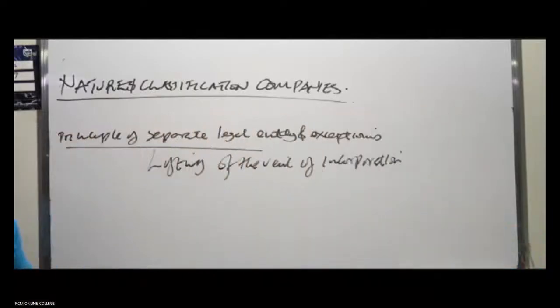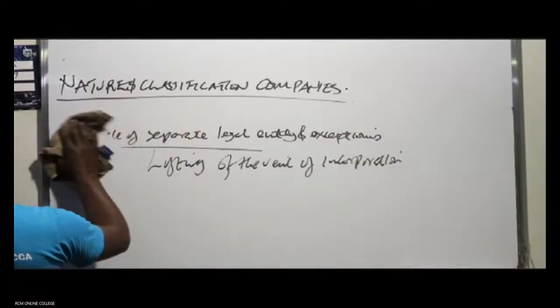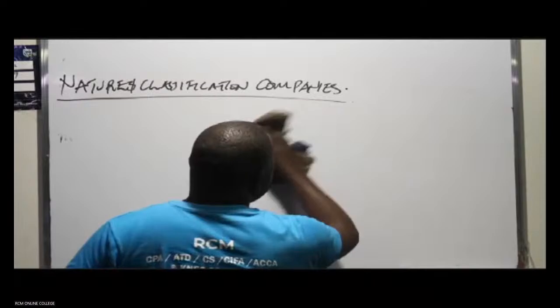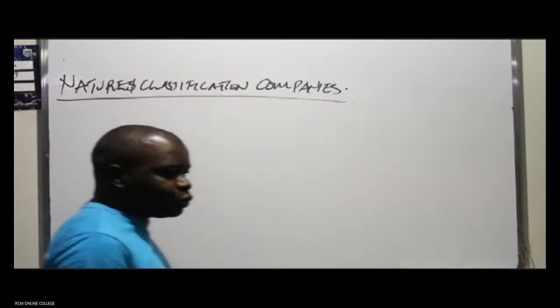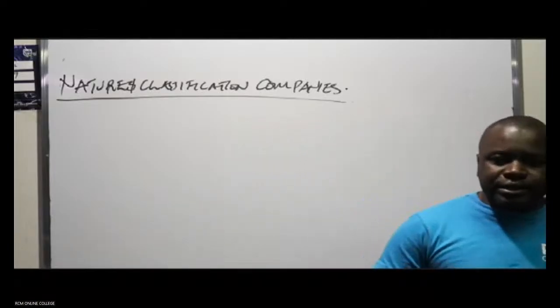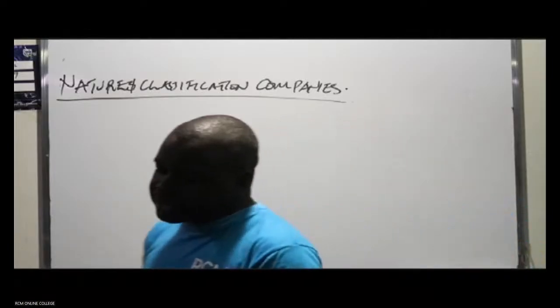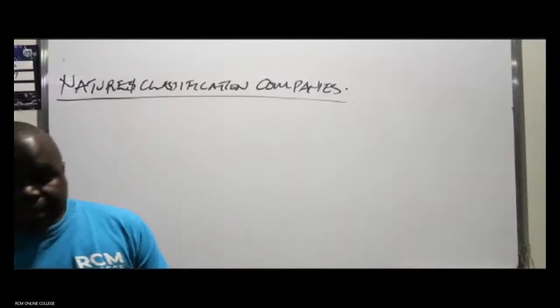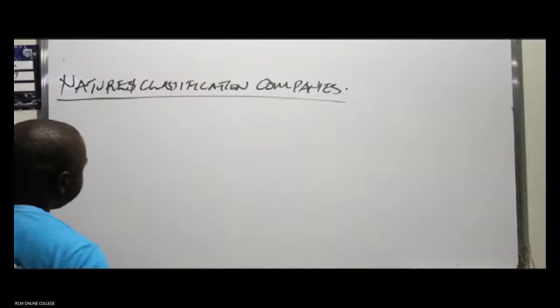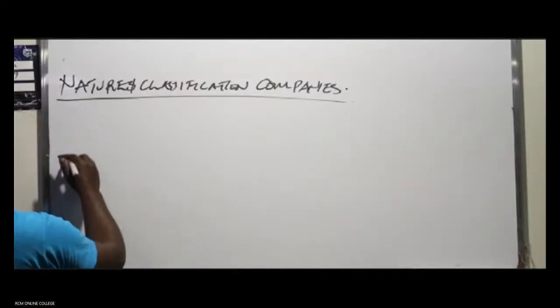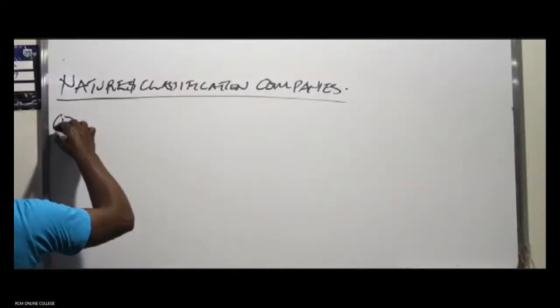Today, straight away, I want us to start on the distinction between a company and the other forms of business. You can recall when I introduced this, I indicated that if anyone asks you what is a company, you first surprise the person by telling him it is a form of business. It is one amongst the other forms of business.